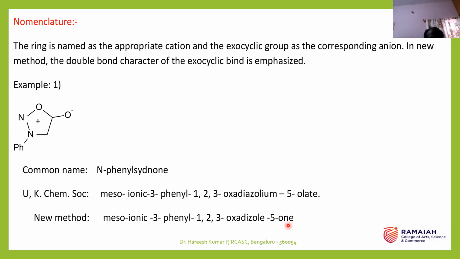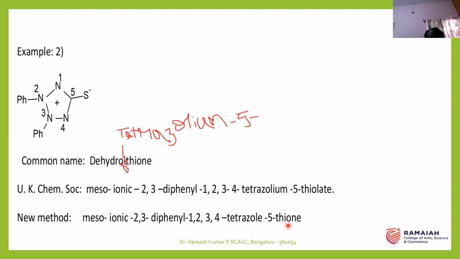I will take one more. Here you can observe that there are four nitrogens, 1, 2, 3, 4, and there are substituents at the 2 and 3 positions: 2,3-diphenyl in the UK or IUPAC nomenclature.